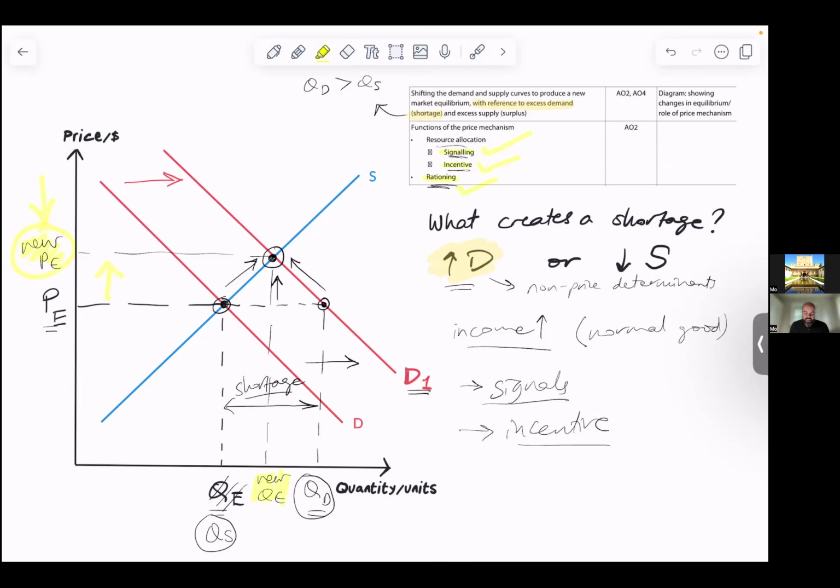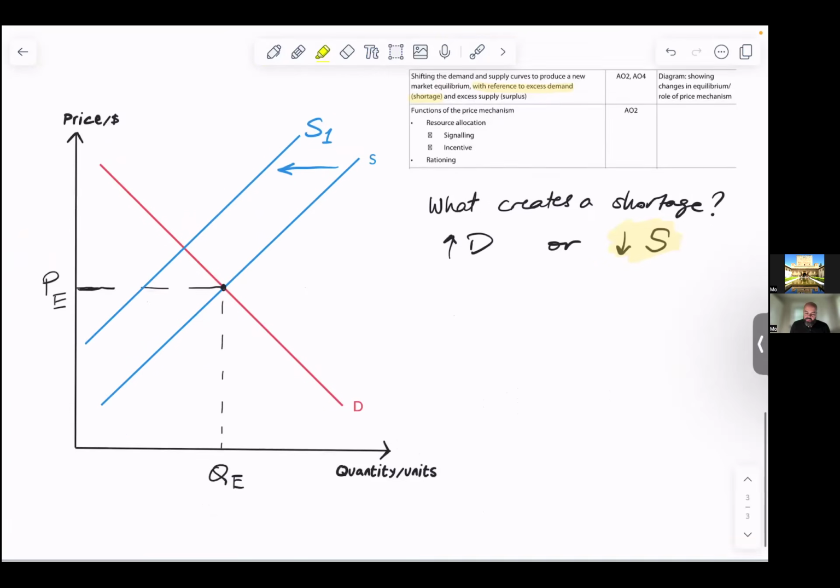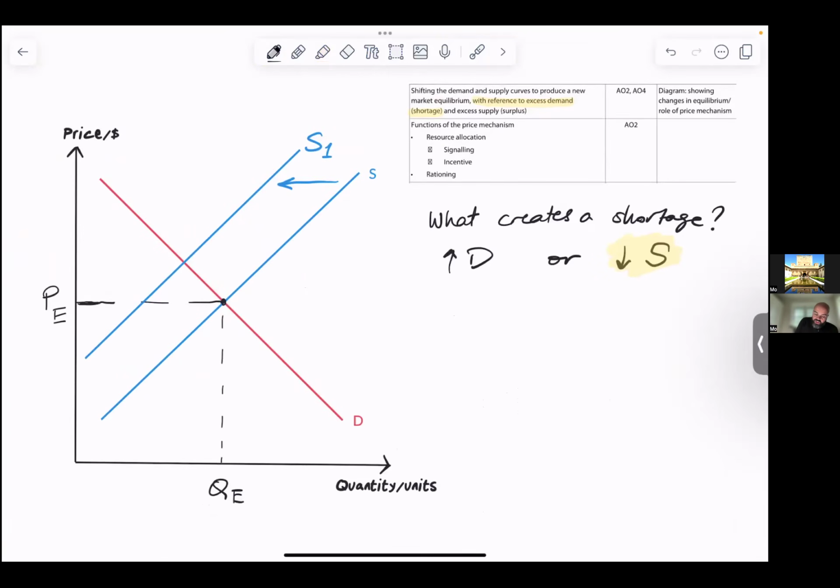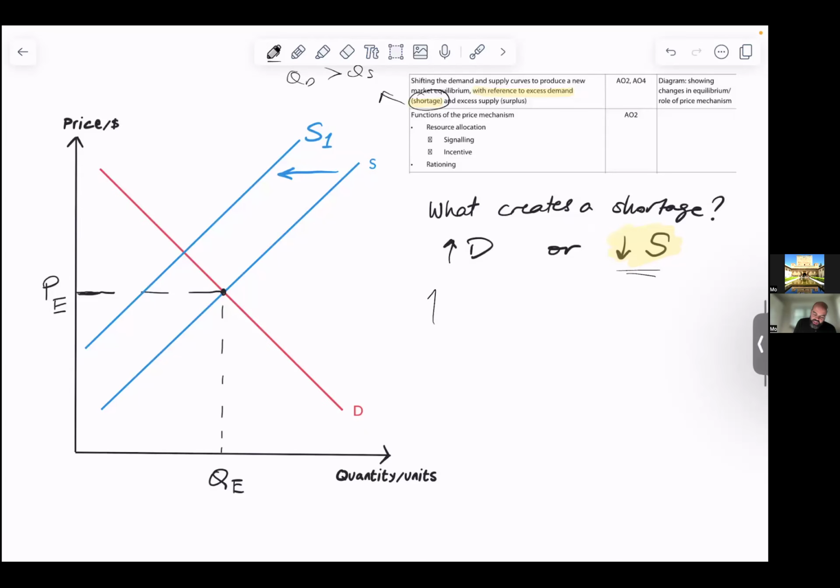Let's do the same analysis, but with a decrease in supply. So remember, by definition, a shortage happens when QD is greater than QS. If there's a decrease in supply, it's because one of the non-price determinants of supply has changed. So let's say there's an increase in the costs of production. COPs is the costs of production.